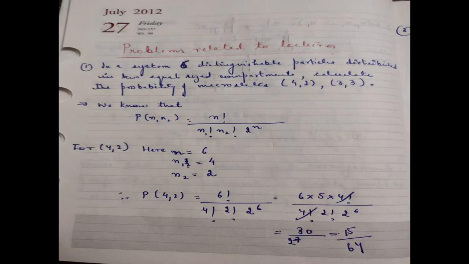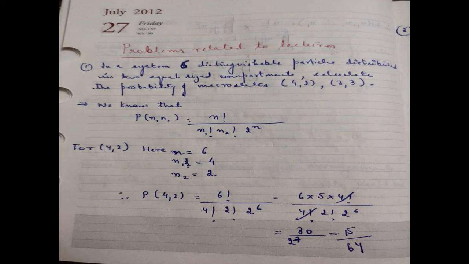The first problem is, let's consider a system of 6 distinguishable particles distributed in 2 equal size compartments. Here we will follow the article in which we distributed 4 particles into 2 compartments. Here instead of 4 we have 6 distinguishable particles, and correspondingly we have to calculate the probability of the macro states 4, 2 and 3, 3.